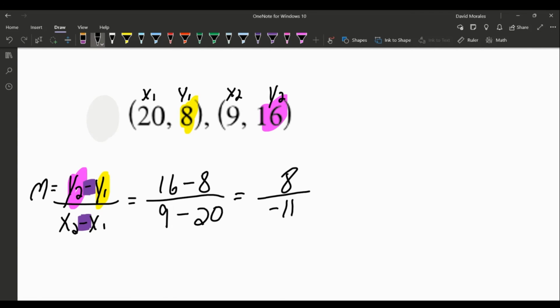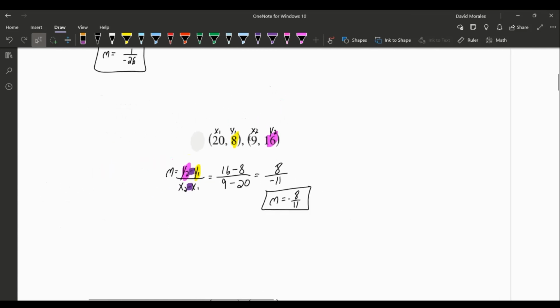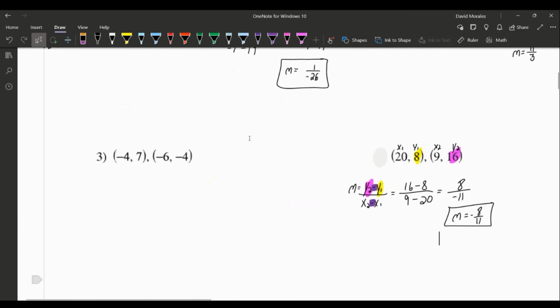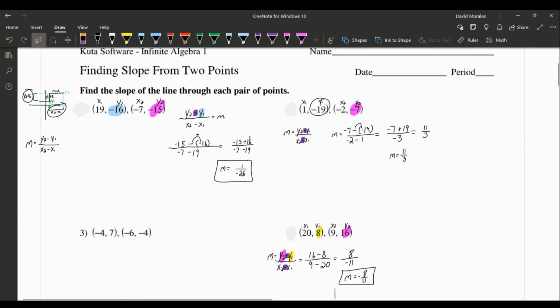Okay, so I hope this is enough to know how to do slope formula. You write your answer like that. Or you could just write it with the negative in front. So I hope this helps. Go ahead and attempt to do the rest of the problems. Okay? All right then.